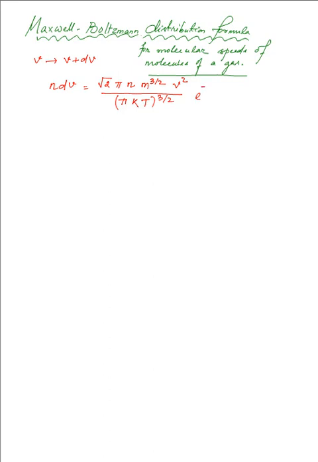The negative power in the exponential carries mv squared over 2, which is the kinetic energy term, divided by kT. That can be given as E divided by kT. And all of that is multiplied with dv, not at the top but on the side.